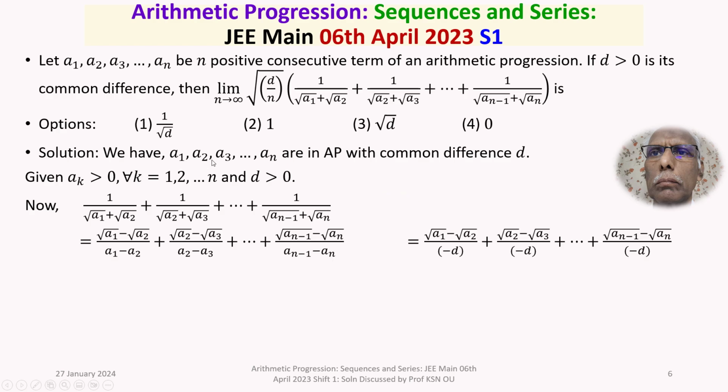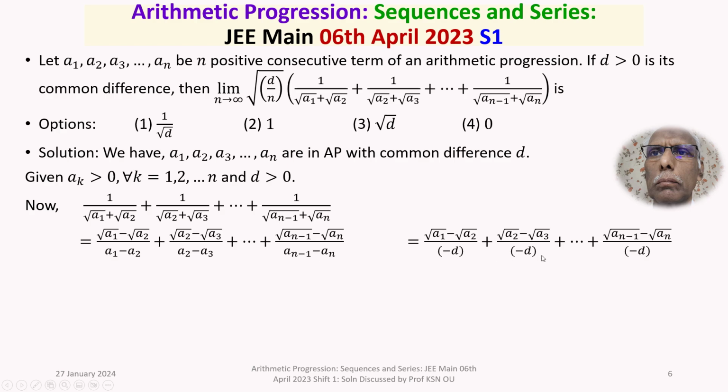Now a1, a2, a3, an are in arithmetic progression. Therefore, a2 minus a1 is a common difference d, a3 minus a2 is d, etc. an minus an minus 1 is also d. So each one sitting in the denominator is minus d, because a1 minus a2 is here, therefore it's minus d.